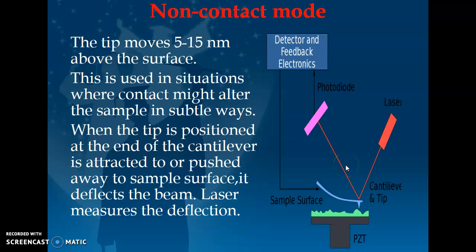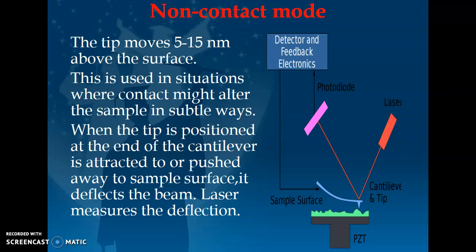The photodiode is here, and we have the laser beam here. The cantilever deflection is recorded by the photodiode, which records the position of the deflected laser beam. Understood?